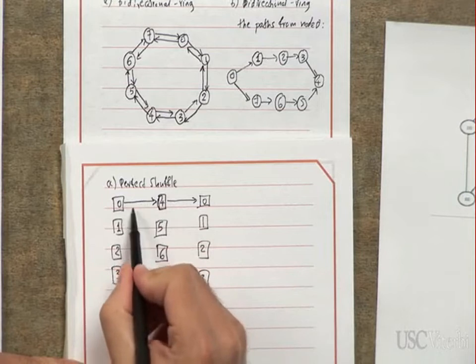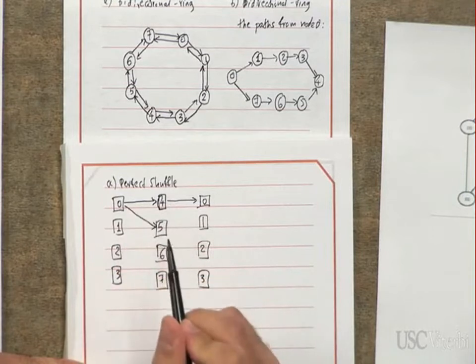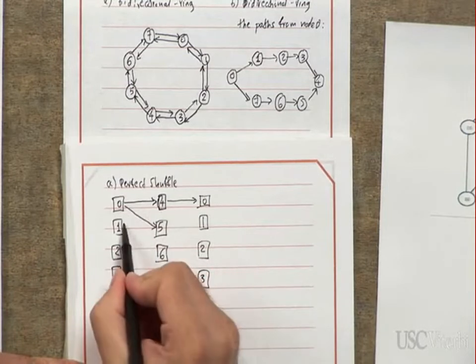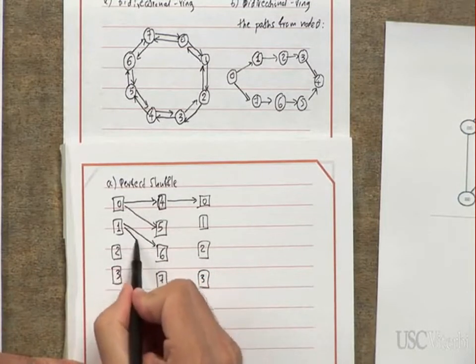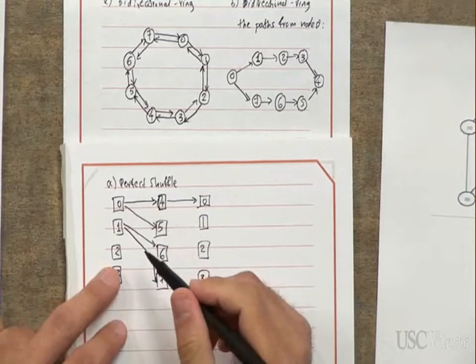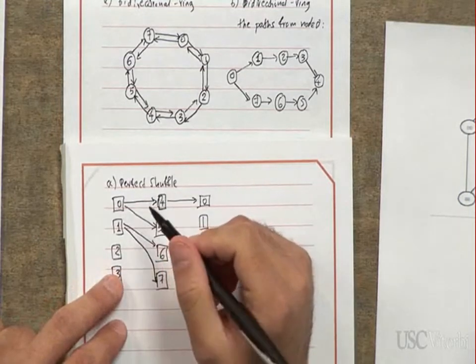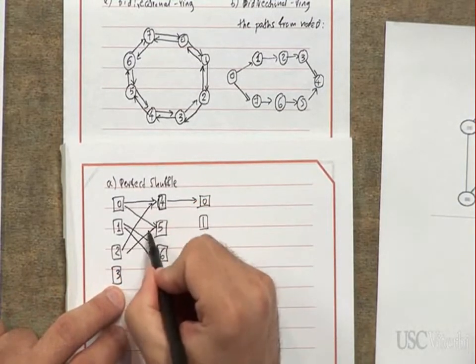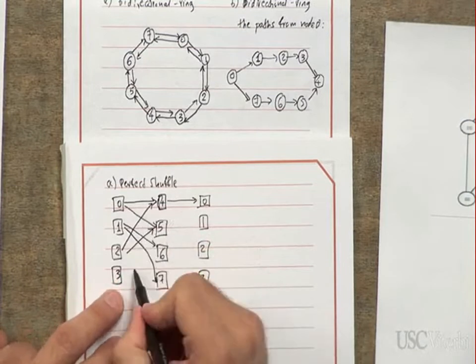And this will go down here. Okay? Now, for number 1, it is connected to 6 and 7. Number 2, 4 and 5. And number 3, 6 and 7.